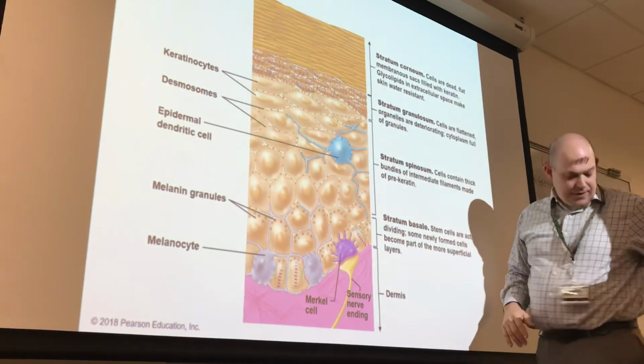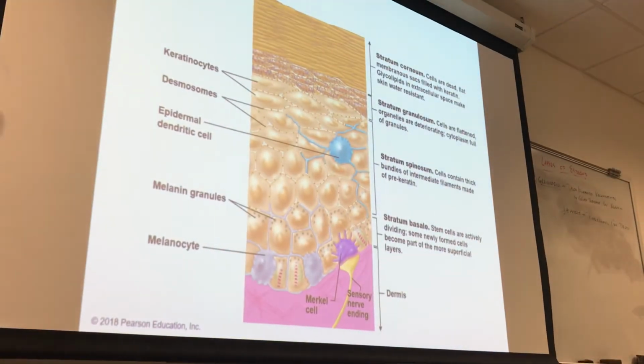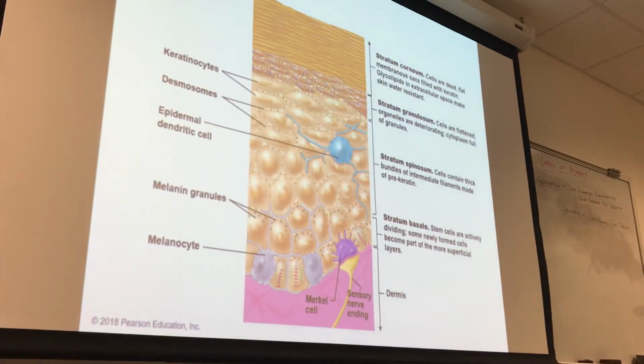Now, after this layer, there is a special fifth layer in certain places. This is called the stratum lucidum. This is a layer that's only found in thick skin. It's not on this current picture from your book.